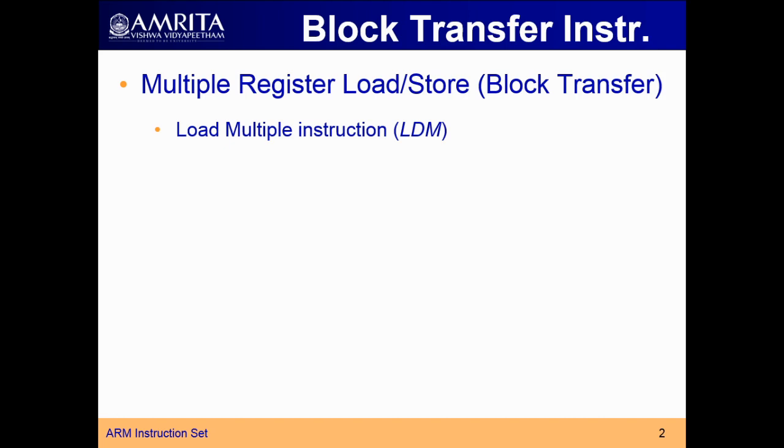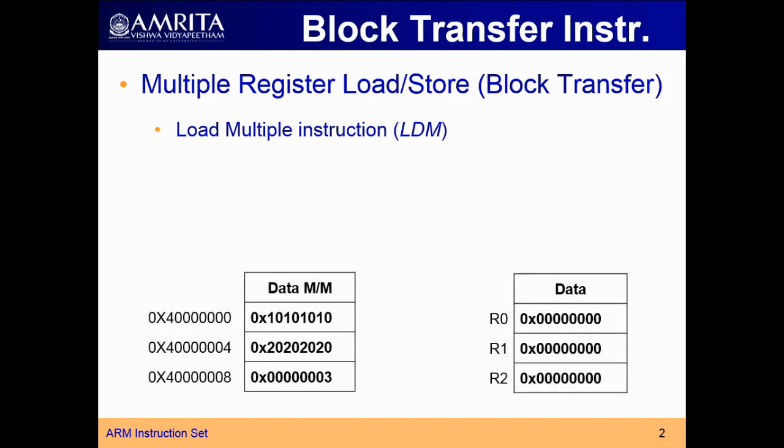What do you mean by load multiple? Let us take data memory as shown in the figure. These are the address locations of each location present in data memory, and this is the data corresponding to each location in memory. Similarly, here we are showing the registers. Let us take R0, R1 and R2, and these are the data present in these registers.